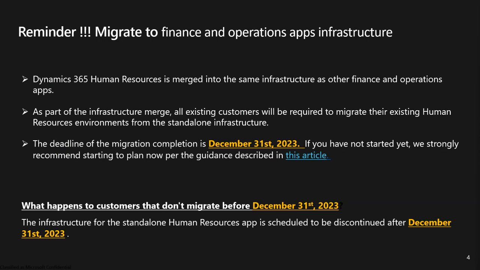What this means is that if you are using the standalone Dynamics 365 Human Resources application, which is using a different infrastructure than other finance and operations apps, such as Finance or Supply Chain Management, those customers and those environments will need to be migrated. The deadline for performing that migration is December 31st of this year, 2023. If you have not already started analyzing your migration process, we strongly recommend that you get started today.